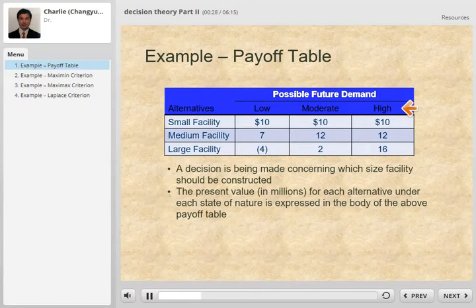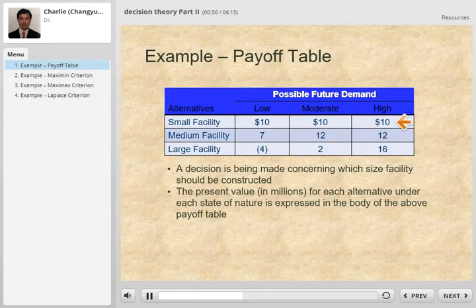If we choose a small facility, then when the future demand is low, the payoff is $10 million. If the future demand is moderate, for a small facility, the payoff is $10 million. Now, high demand situation, small facility, payoff is $10 million.